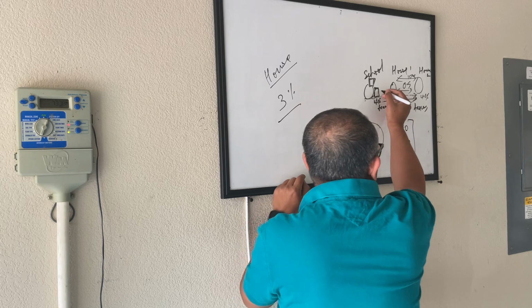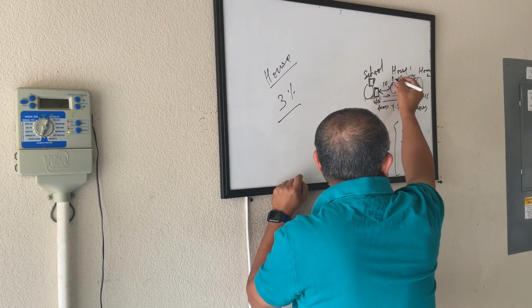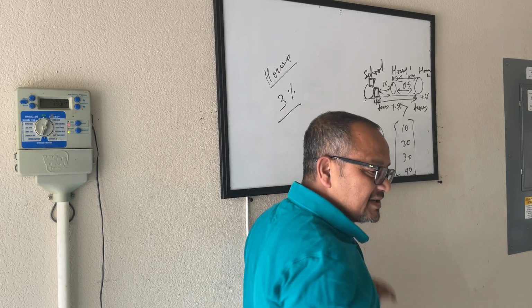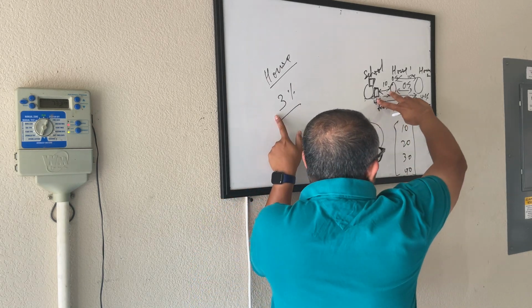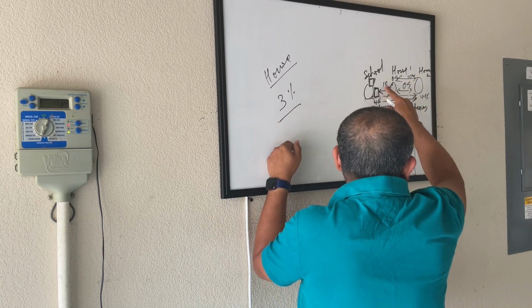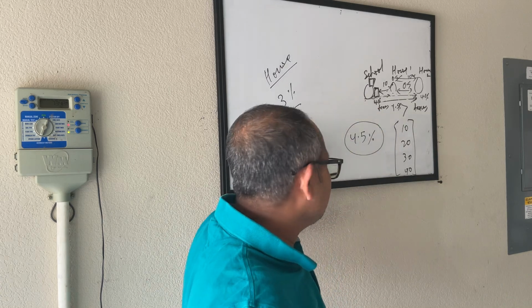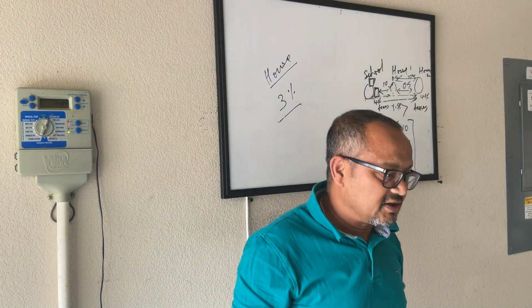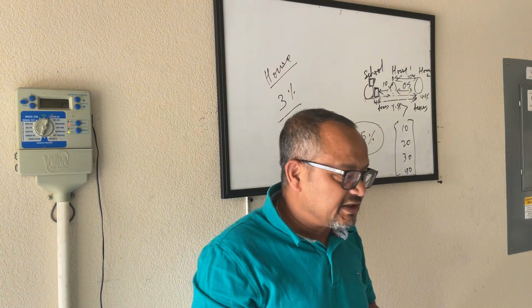And every 10 miles that I move away from the school, I'm paying 0.5% less taxes. So to get to 3, I have to move 10 miles, and one more 10 miles. That is how 0.5 plus 0.5, 1.5% tax is less. That is how it comes to 30. So everybody is thinking in the right direction.